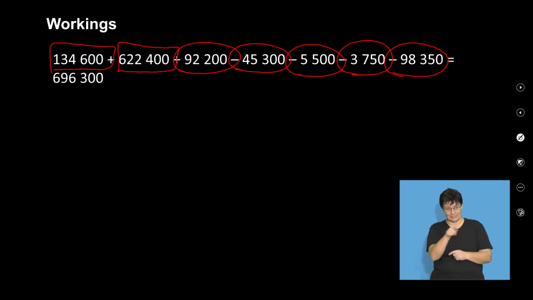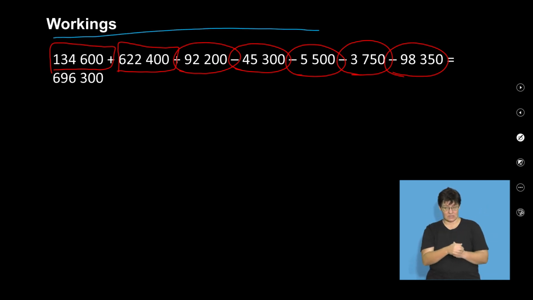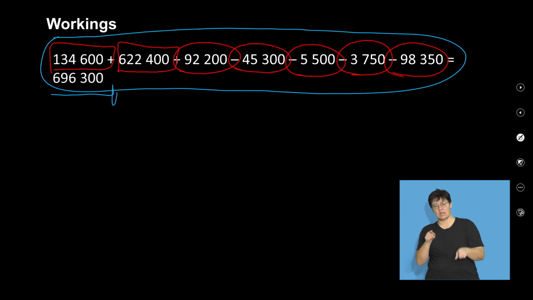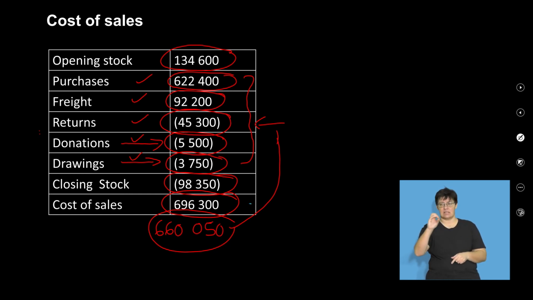If you are asked to do this calculation in a calculation format, then that is what it will look like. But you will get the same answer, 696,300, and if you're doing your table, there's my 696,300.